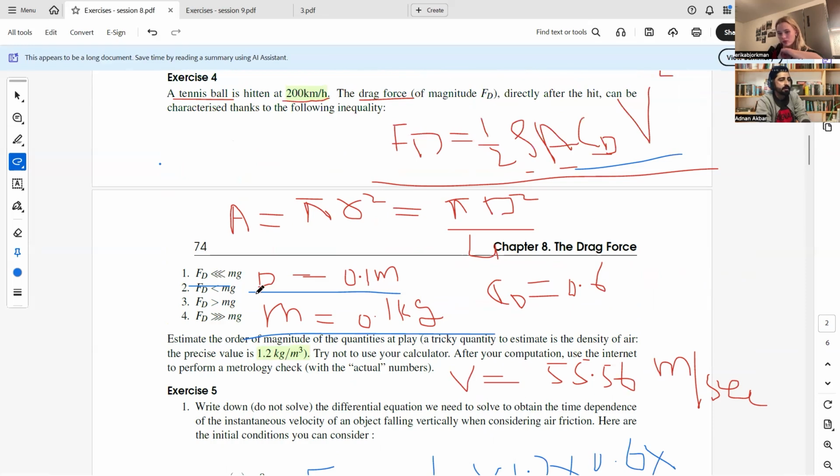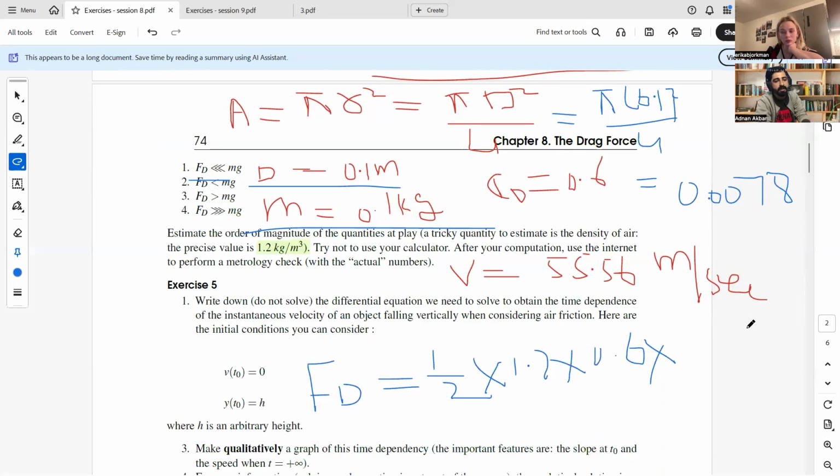To calculate the area, we have considered its diameter is 0.1, so we put that diameter in this equation: pi times 0.1 squared divided by 4. That results in the area being equal to 0.0078. It is the area of that tennis ball.